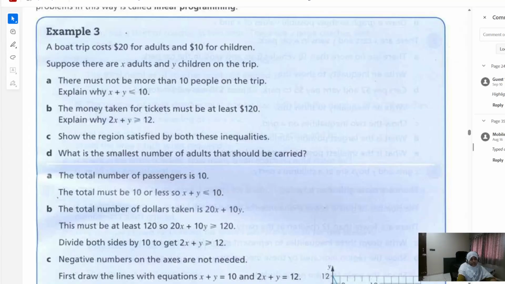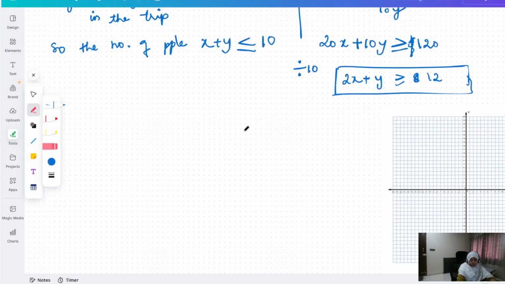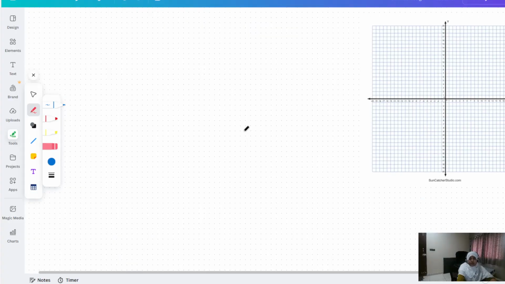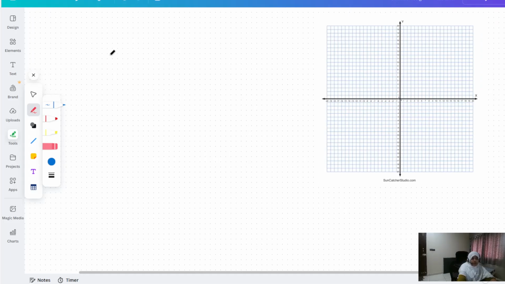Show the region satisfied by both these inequalities. We have already done all these problems in the previous exercise. Now we'll show both the inequalities on the graph.